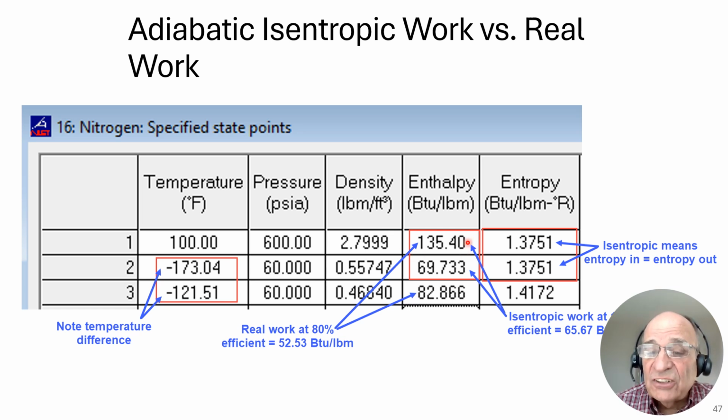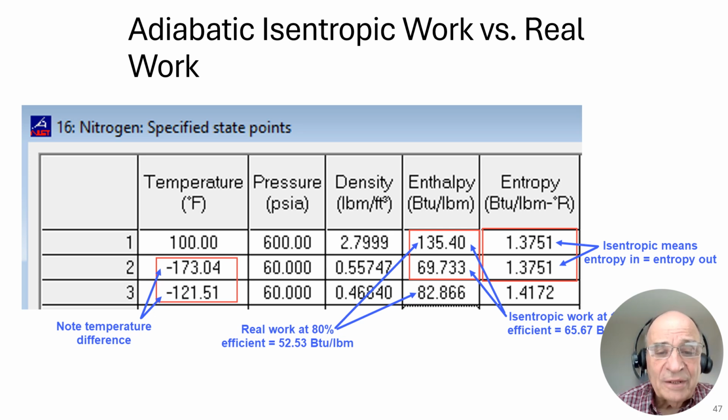What's important is the change of value. So if you use two different reference points, you may have different values, but the delta enthalpy and the delta entropy will always be the same. So that's key to remember in case you open up a software program and do not match these values, you'll know that the reference point might be different.